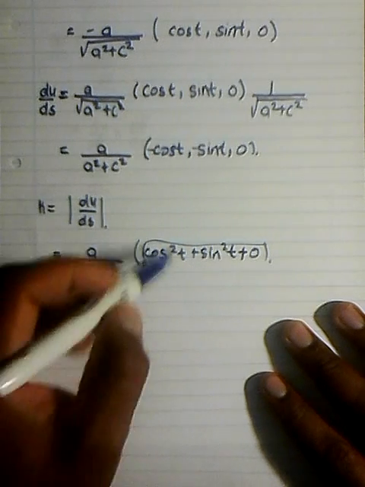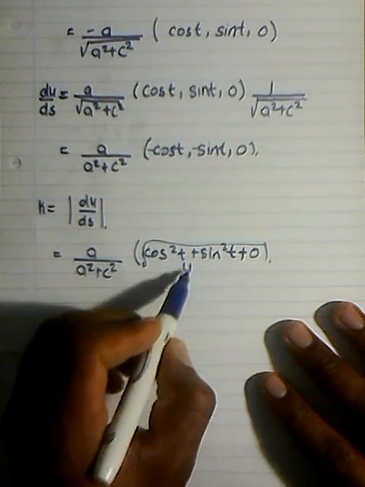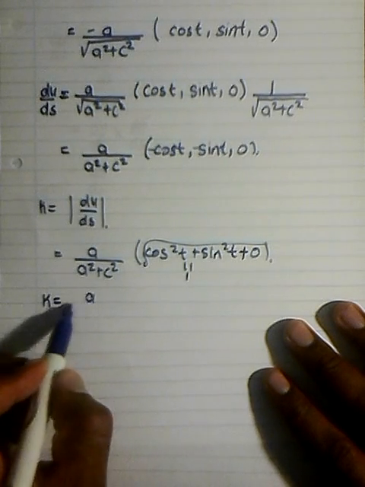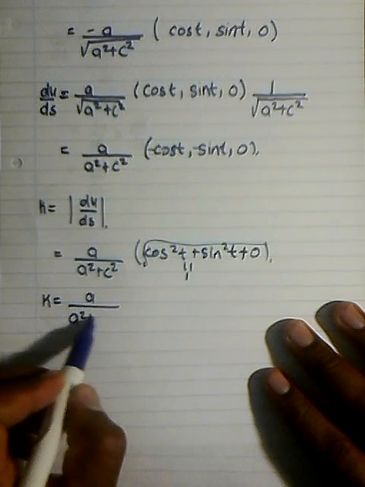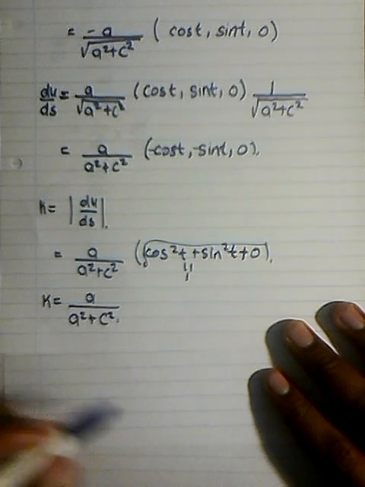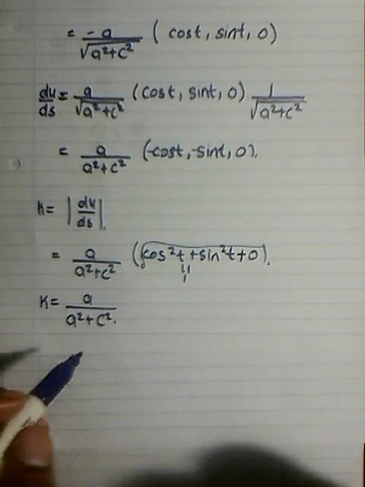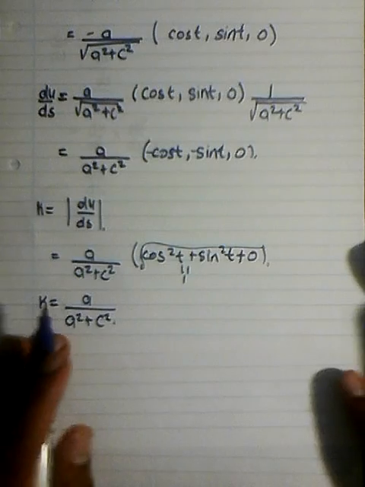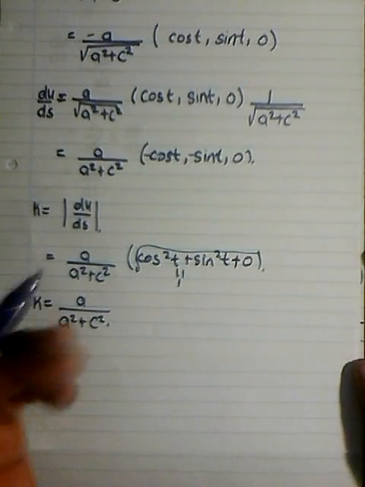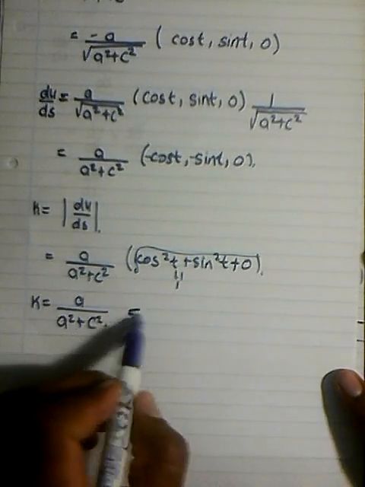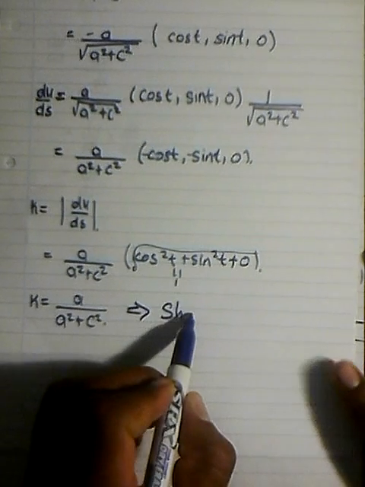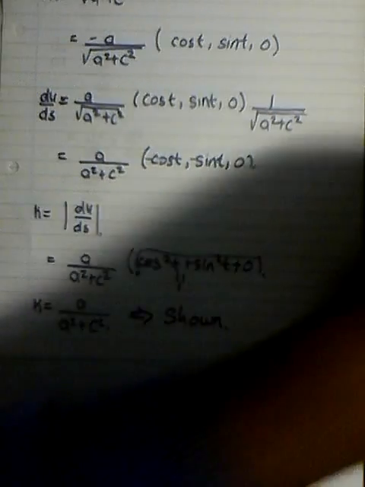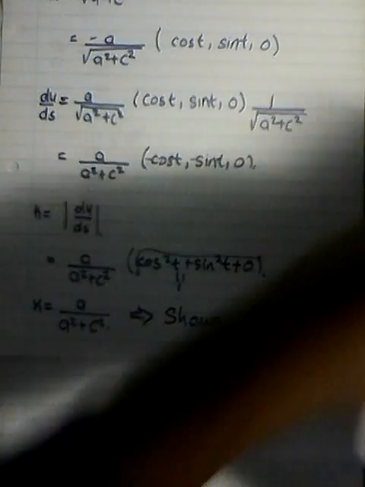So everything here is equal to 1, which tells us that k is equal to a over a squared plus c squared. We showed that k is equal to this, so you can just say shown.